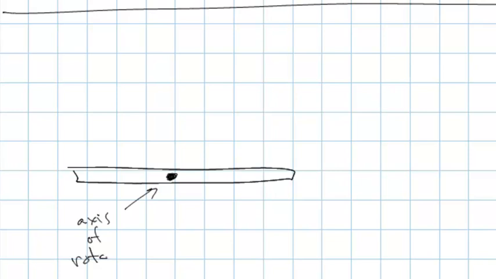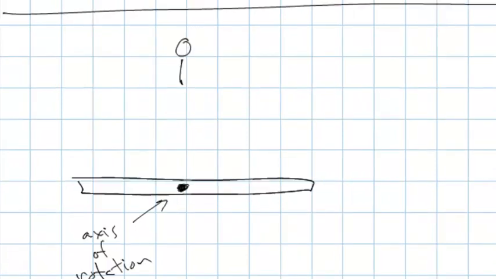If the path would go through the axis of rotation, like in this case, then there's no angular momentum, even if it was coming this way, or going up.